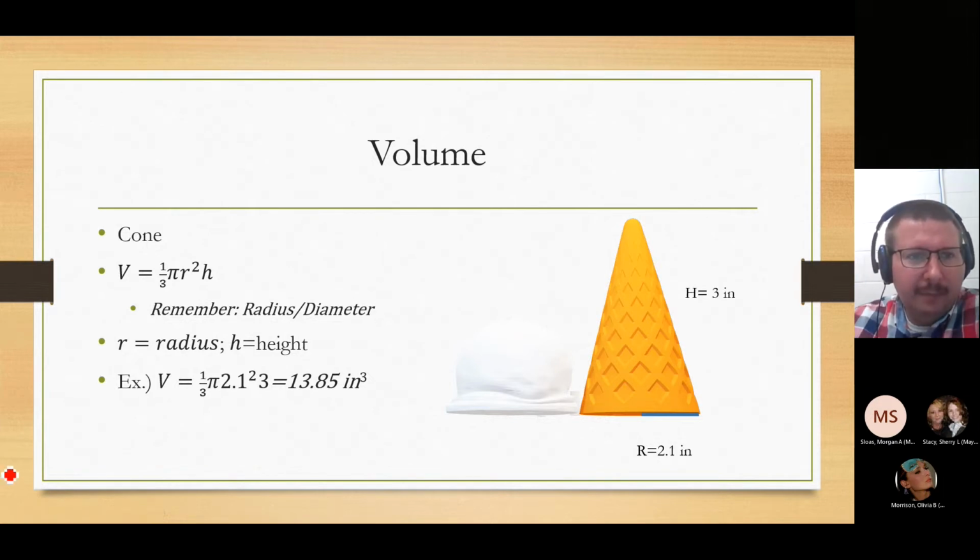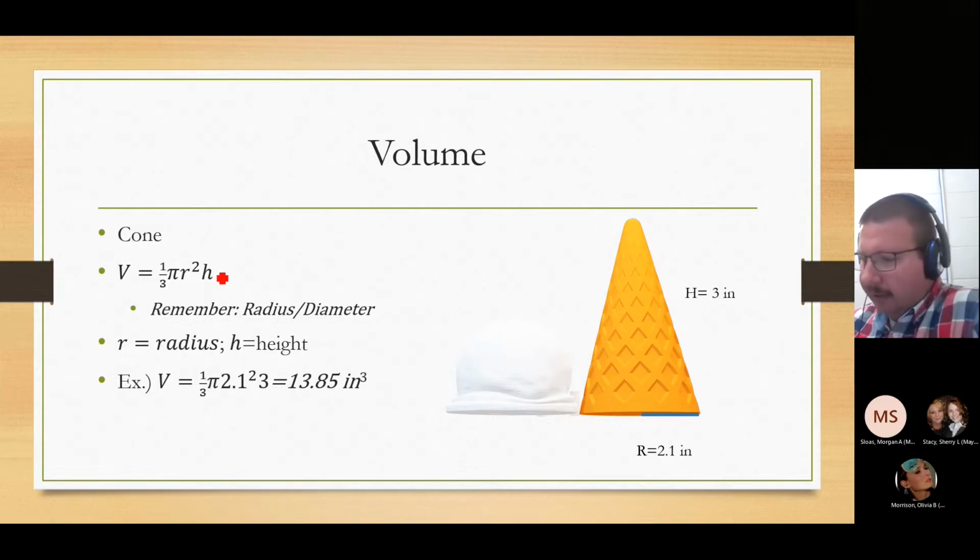This is the formula. This time we have a fraction. 1/3, 1/3 pi r squared h. So in the calculator, using your ND button still, 1/3, and then get out of that and just type in pi.